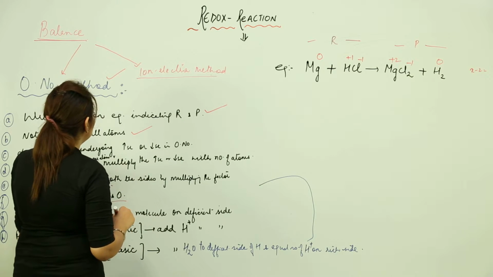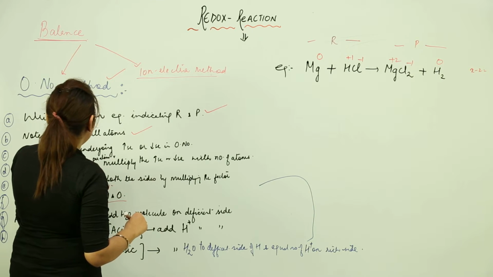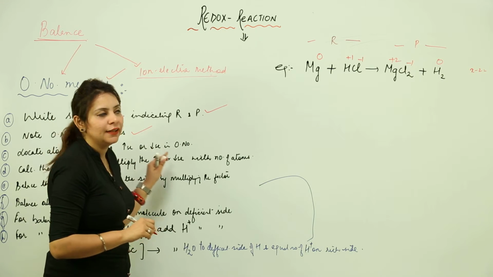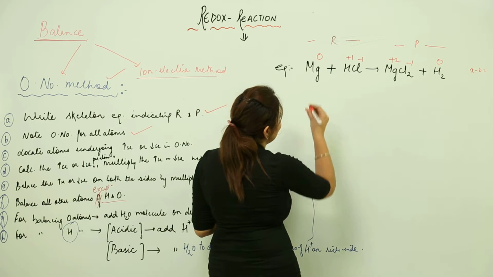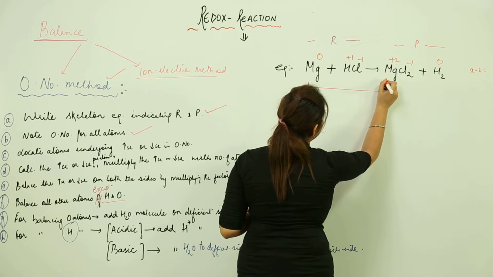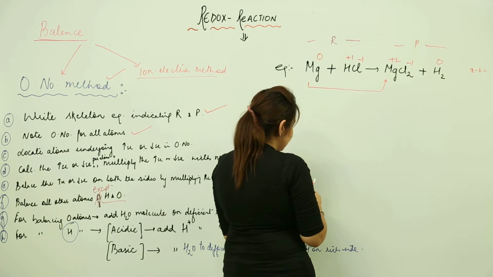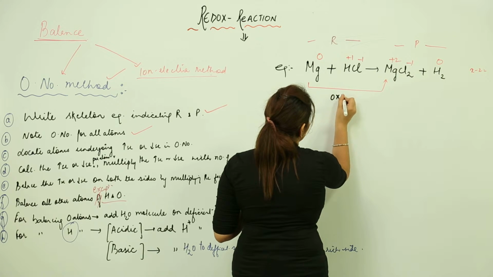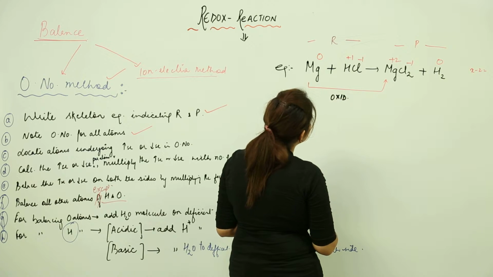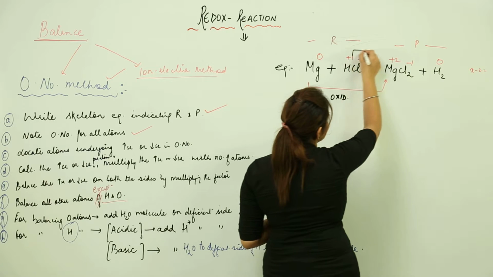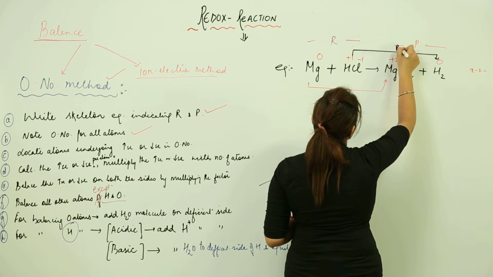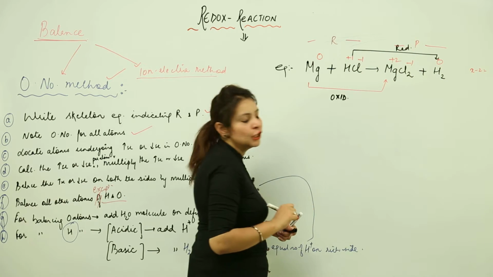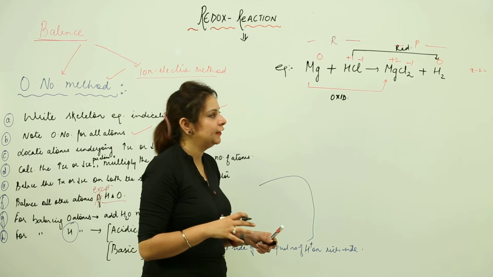Now I am going to locate the atoms which are undergoing increase or decrease. I can see that the oxidation number of magnesium is increasing, so it is undergoing oxidation. And the one whose oxidation number is decreasing is H. So this is reduction. I have just picked up the oxidation and the reduction.